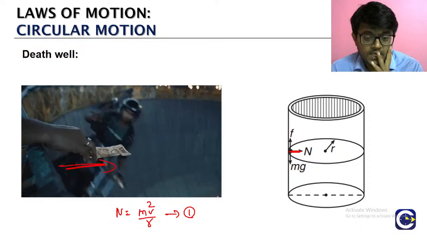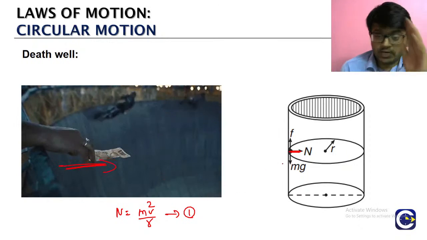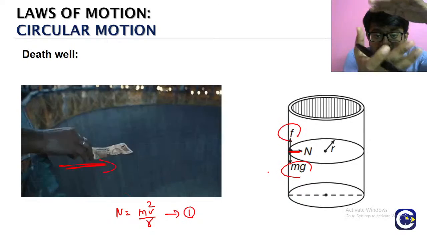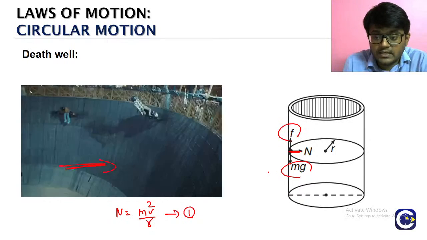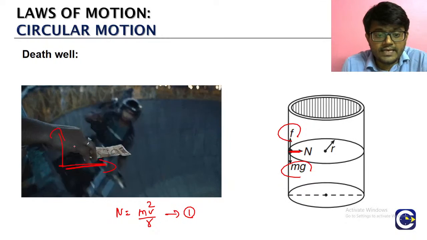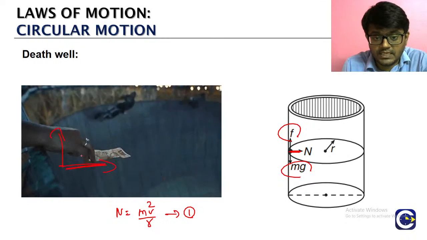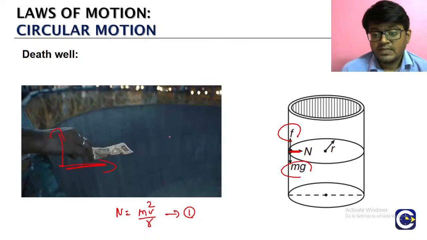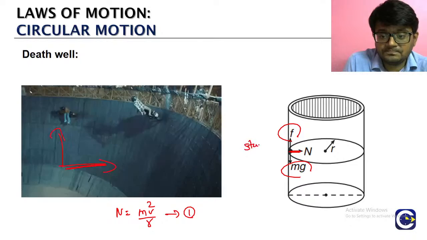Now if you look at the vertical side, there are two forces. One is the weight that tries to pull them down, right? The friction between the tires of the vehicle and the well will be acting upwards. It will be a static friction.